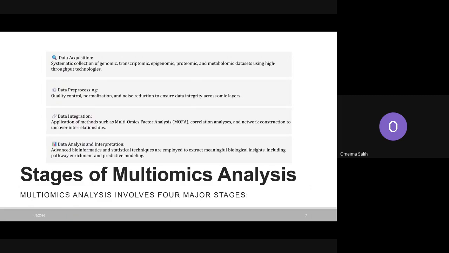When we say noise reduction, that means, for example, if you are using different sets of data from genomics and proteomics, definitely you need to reduce any errors. That means the reliability and validity of your data. This has different methods, depending on the type of your study.